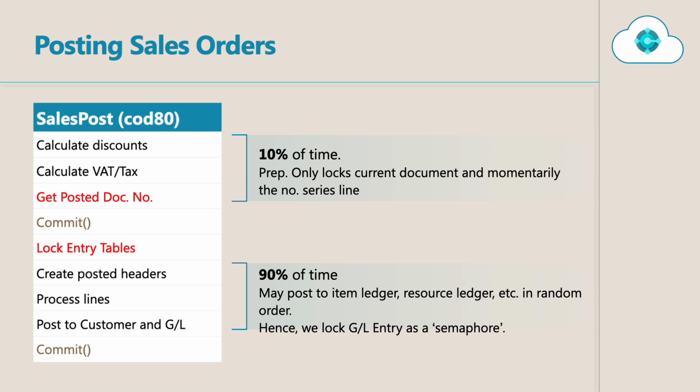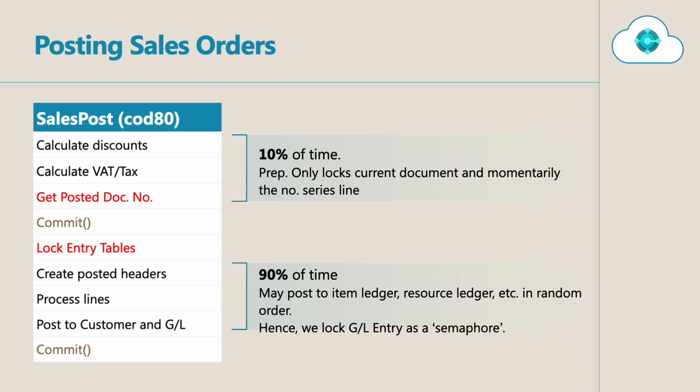But then we fetch a number from a number series, which is a shared resource, and then we commit. And then we remember this document number we got. Yeah. And then we start going through all the lines, posting to inventory and resources and what have you. And during all that time, what is locked?